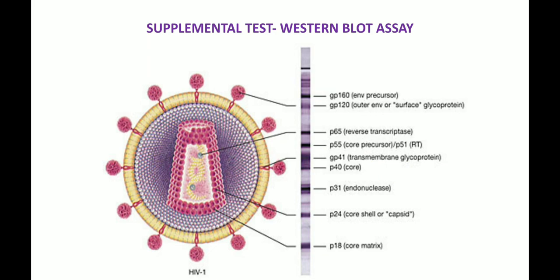So the Western blot test will detect the presence of antibodies against specific HIV proteins, and each of these proteins, if it is present in this particular serum sample, is noted as bands.